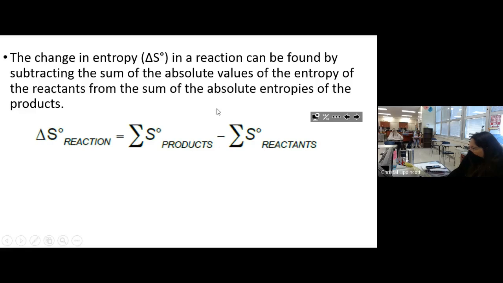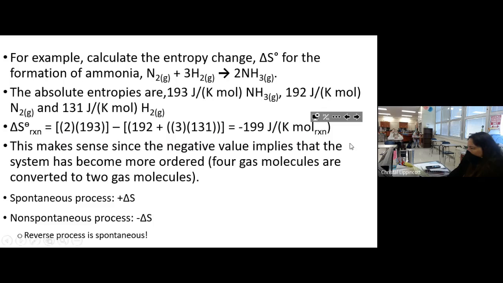How do you find the steps? You have to look at the entropy values off of that chart that we need to find still. And again, the chart is in the online textbook. I will show you in a minute how to get to it. You're not going to have to do it today. You'll probably have to do some of it tomorrow.